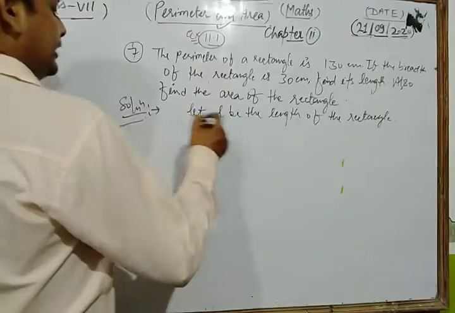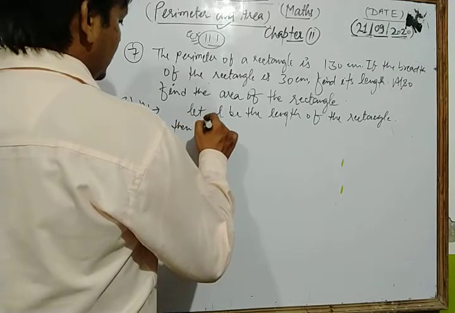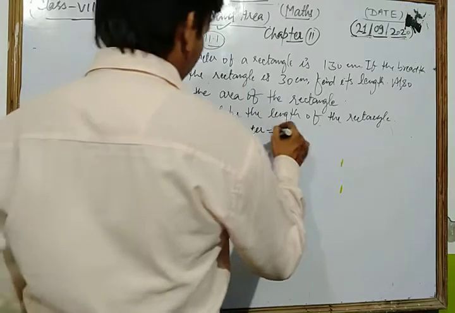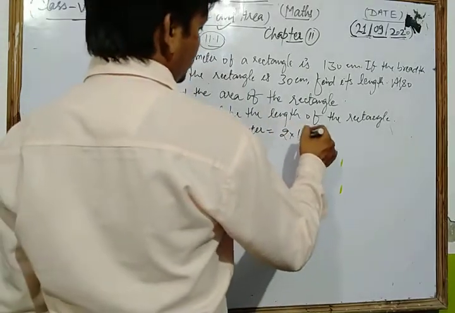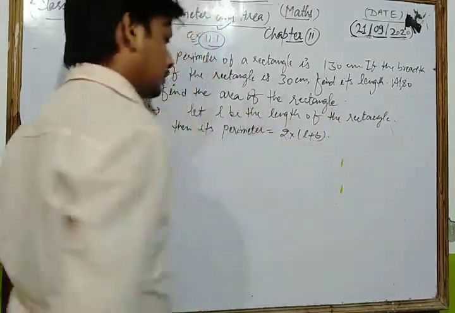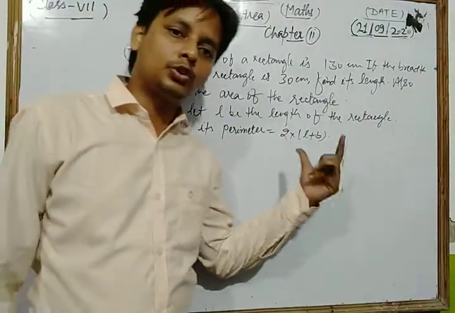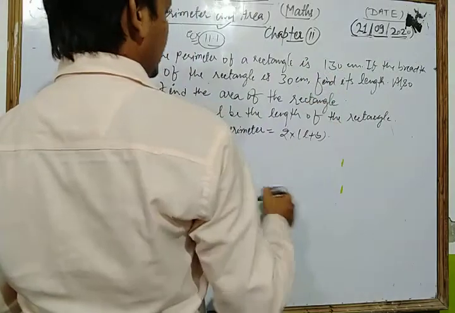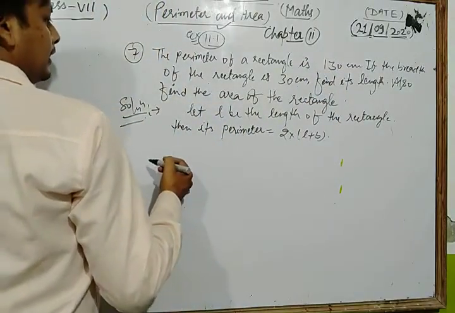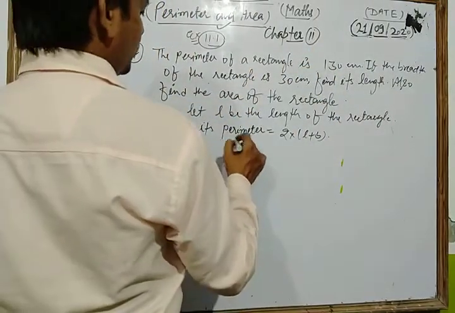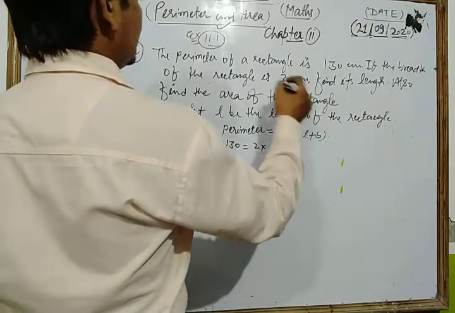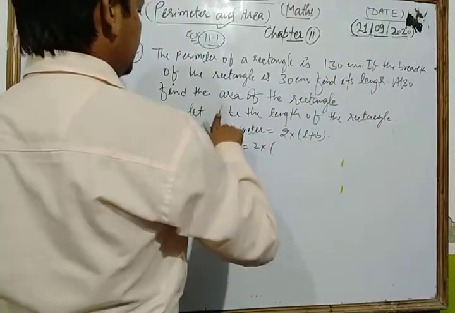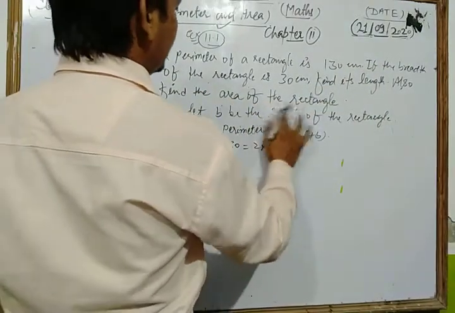Then its perimeter is 2 into length plus breadth. Now, the perimeter is given as 130, so we put 130 is equal to 2 into length plus breadth. Sorry, let B be the breadth of the rectangle.